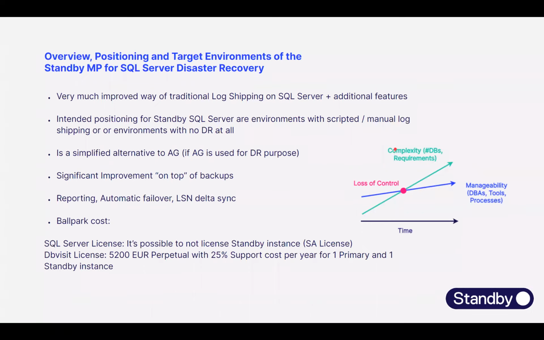On the other hand, you also have the complexity of the environment, which consists mostly of the number of databases you have to manage and the requirements you need to fulfill, for example time to restore a database, reporting capability, or creating databases for your developers. Compared to the manageability line, the complexity is usually much steeper, because you don't get DBAs every day, but you do get new databases or new instances quite frequently.